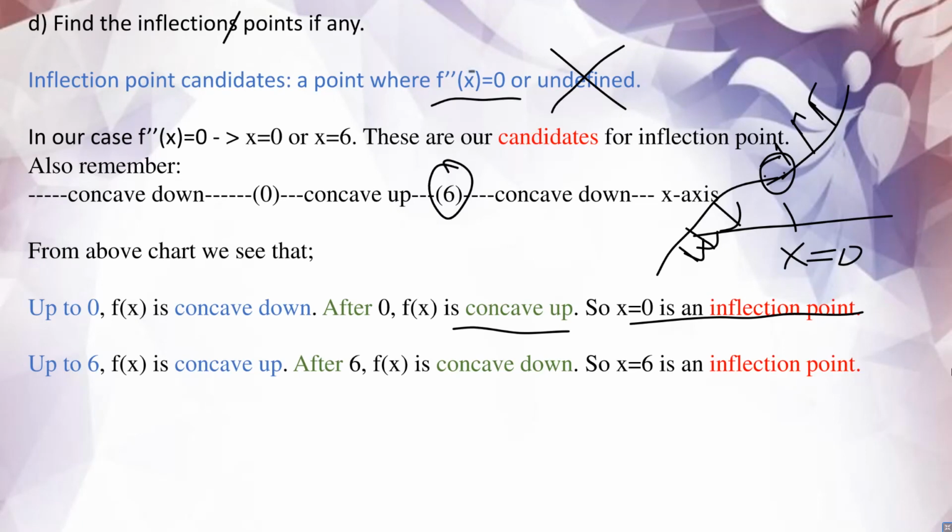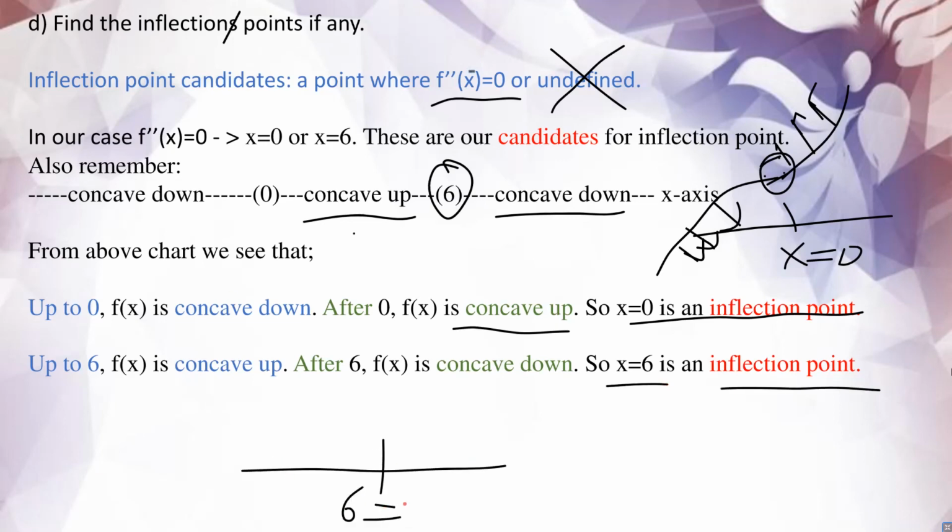Let's see what goes on with 6. Up to 6, the function is concave up. After 6, the function is concave down. So the concavity behavior has changed, which means x equals 6 is also an inflection point. And let me try to give you an idea on a graph. Well, up to 6, this function is concave up.